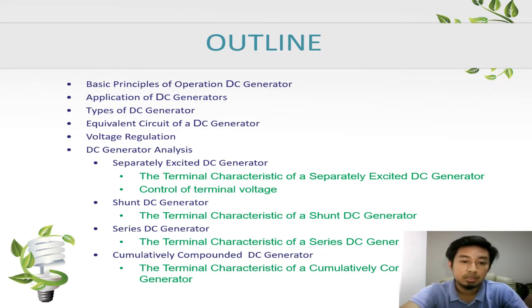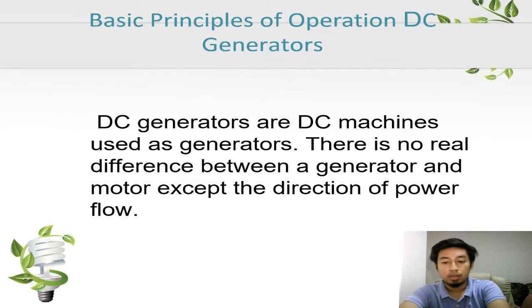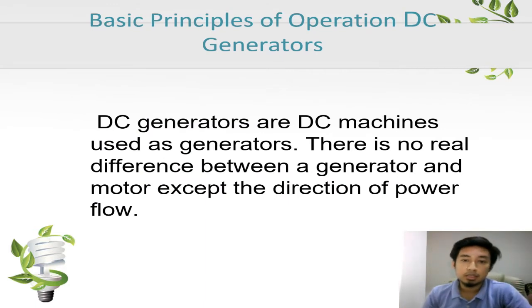Then DC generator analysis: the separately excited generator, the terminal characteristic of a separately excited DC generator, control of the terminal voltage, the shunt DC generator, the terminal characteristic of the shunt DC generator, the series generator, and the cumulative compounded generator.